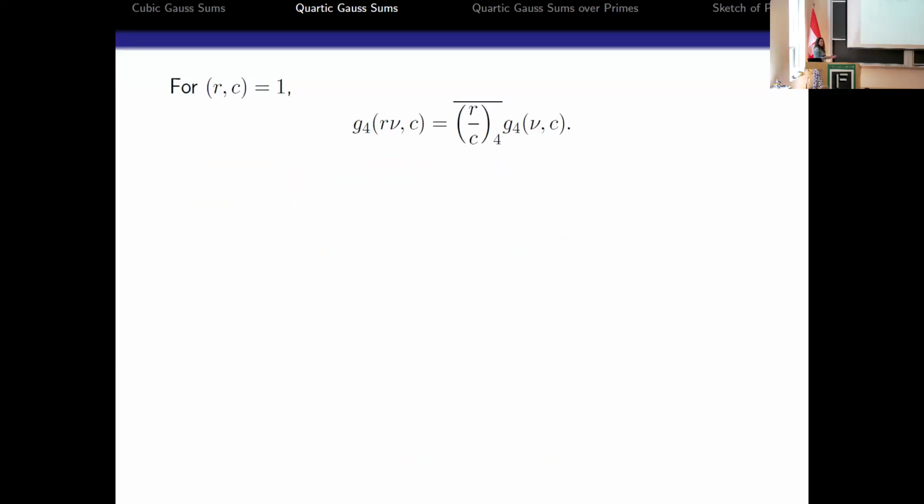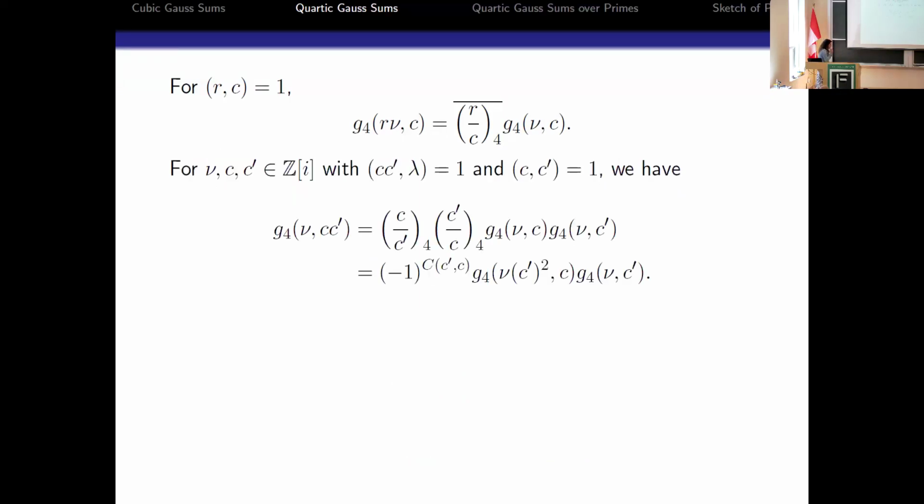Okay, so there are many properties of these quartic Gauss sums that one could verify. For example, we have this property right here: G of r, nu, C is G of nu, C multiplied by this quartic symbol. But more importantly, this property proved to be extremely important in our work, the twisted multiplicativity of the quartic Gauss sums.